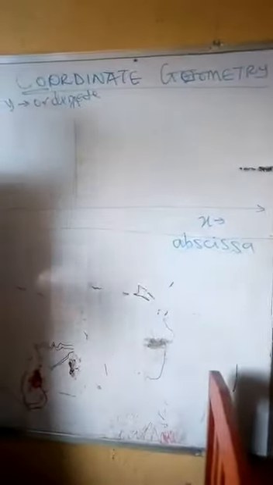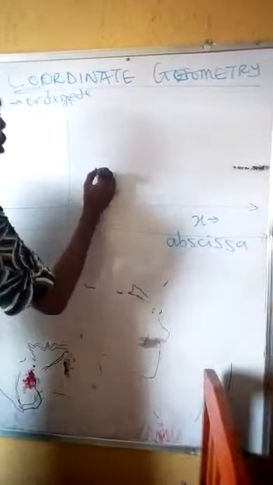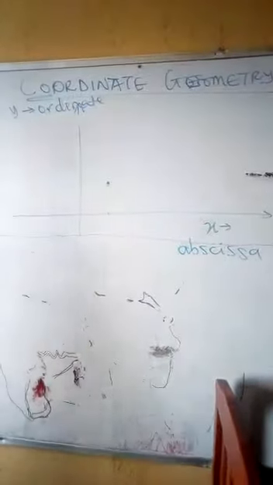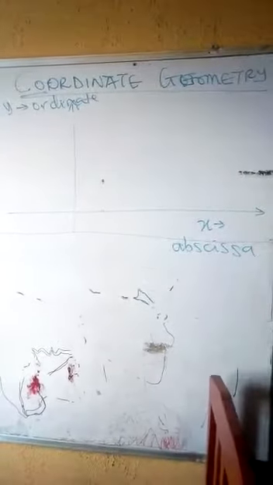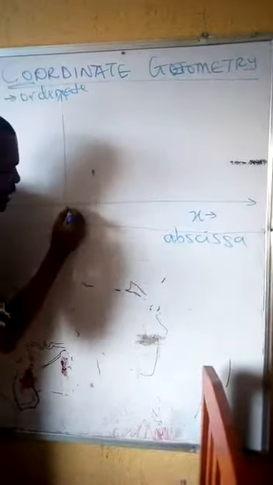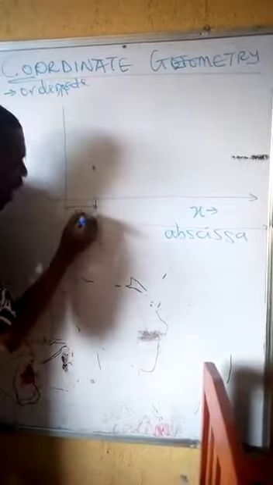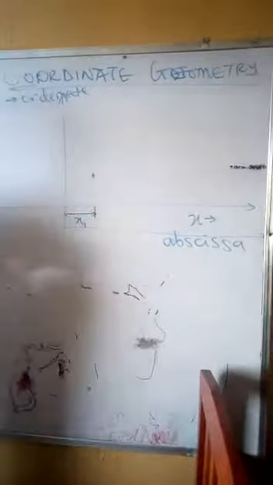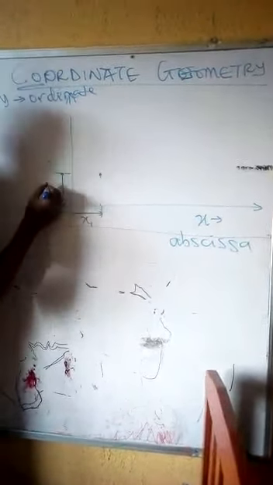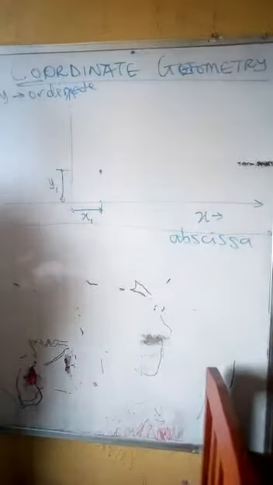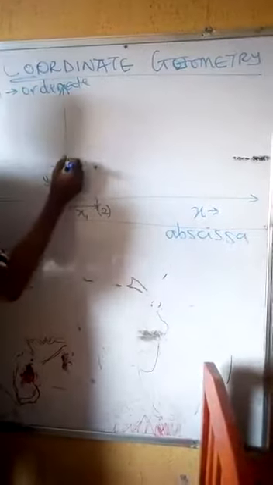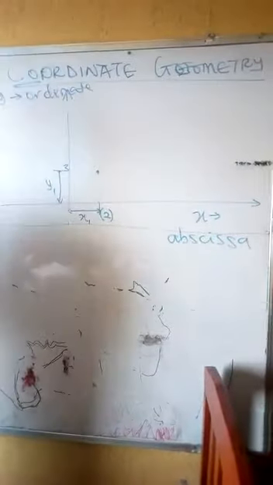So every point on a line can be described by a distance from the x-axis or from the y-axis. And note, the distance from the y-axis is the x-ordinate, while the distance from the x-axis is the y-ordinate. So let's assume a point at x equals to 2 and y equals to 3.